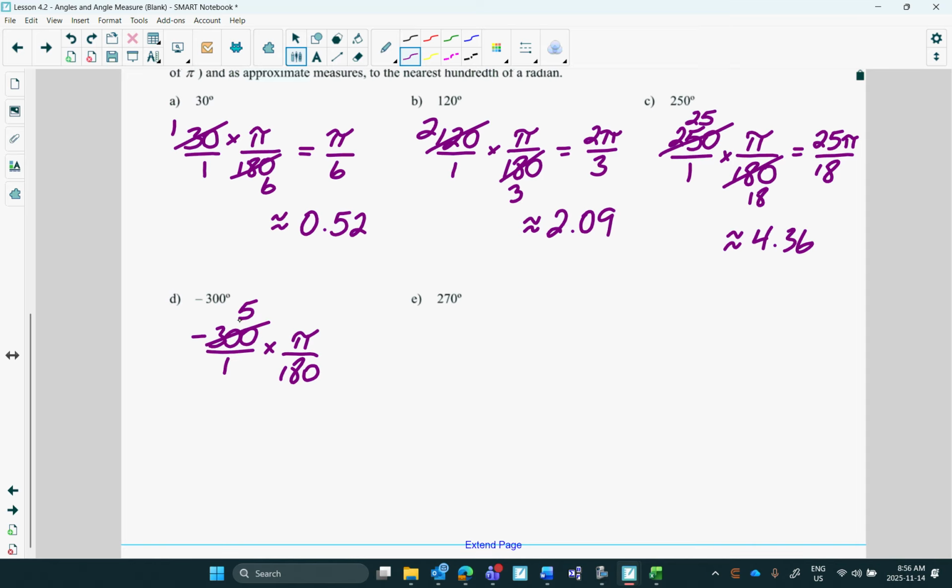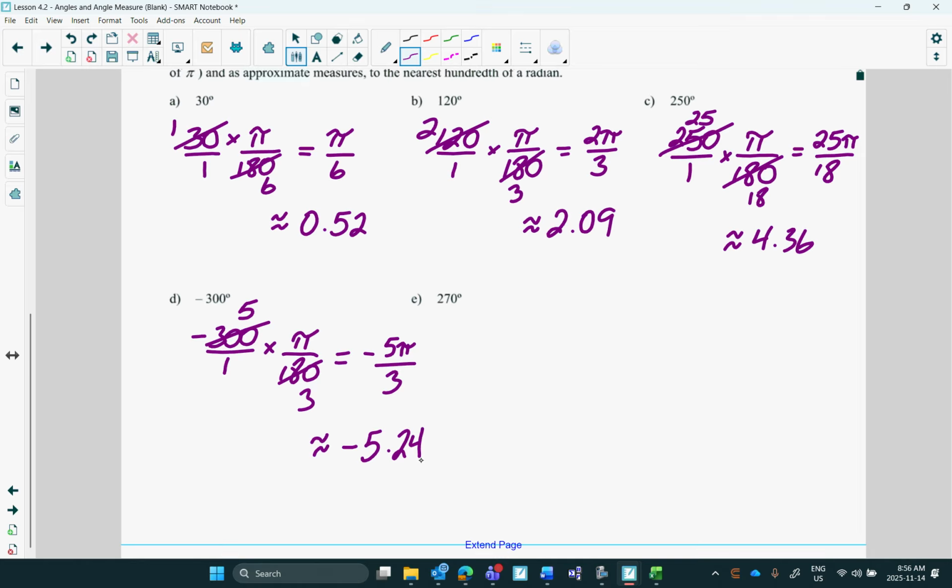We get 5 and 3, which can't be reduced more, so it's negative 5 pi over 3, which, if you use your calculator and convert it, gives you approximately negative 5.24. Notice I'm not writing any units after that because it's radians.